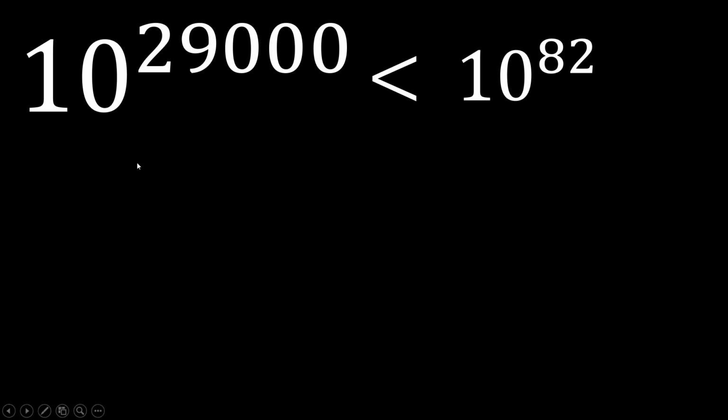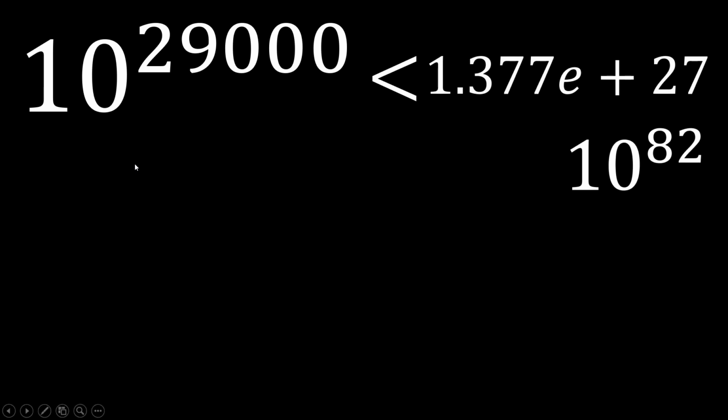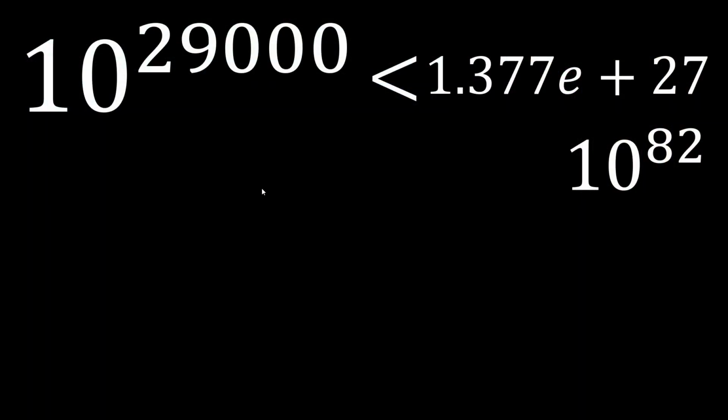If we took the age of the current universe in femtoseconds, which are a quadrillionth of a second, meaning each second a quadrillion femtoseconds pass, so if you take 13.77 billion years in femtoseconds, meaning I will multiply this by a quadrillion, it will still be less.